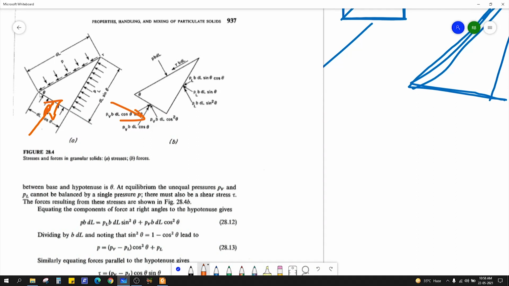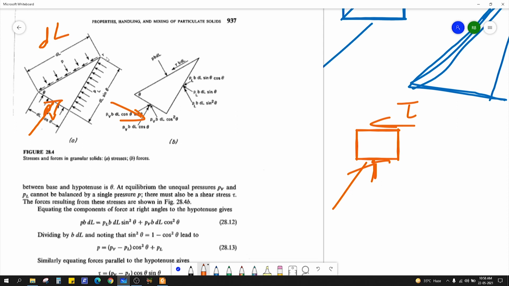Okay, let's say the hypotenuse is of length DL because we are taking a small element, so we are saying DL. Okay, so what will happen if you apply pressure at 90 degree? There will be no shear stress. Okay, but if you apply pressure at an angle, then there will be shear stress as well. So here you can see the shear stress will be in this direction.